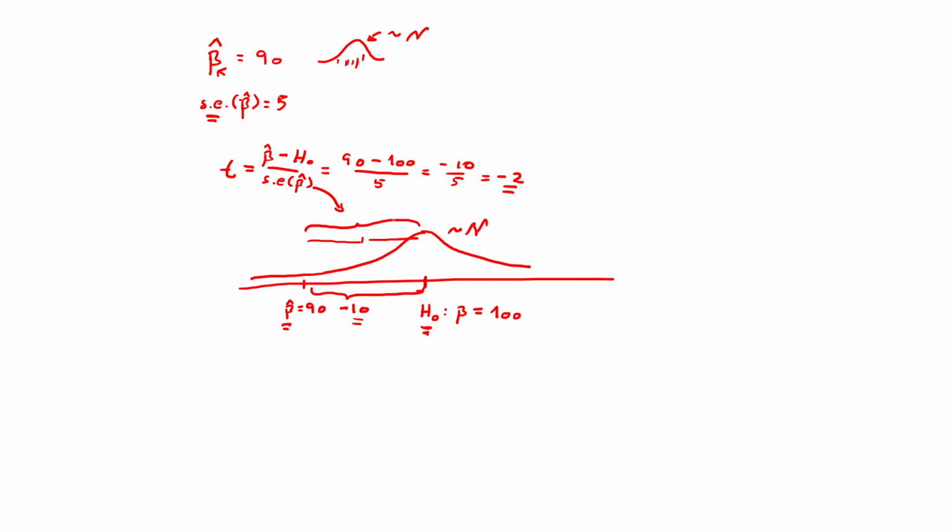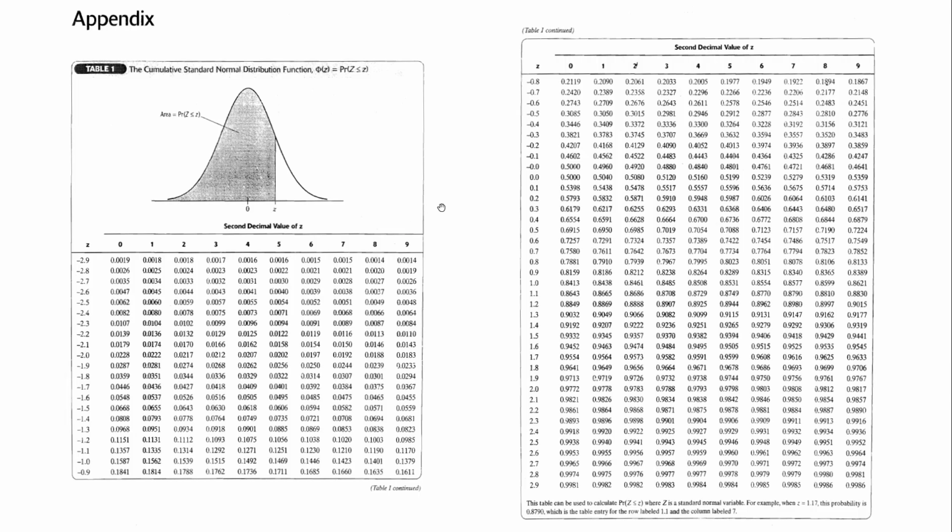In our case, we have a t-value equal to -2, and as such, we can use the z-table here if we assume that we have over 200 degrees of freedom in our model. So that would be the number of data points minus the coefficients in the model. We can assume the normal distribution.